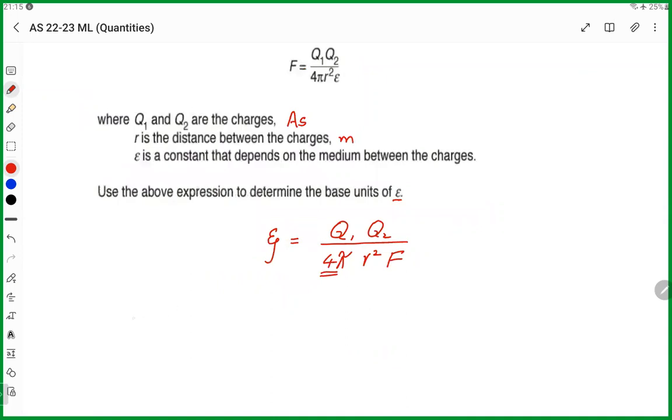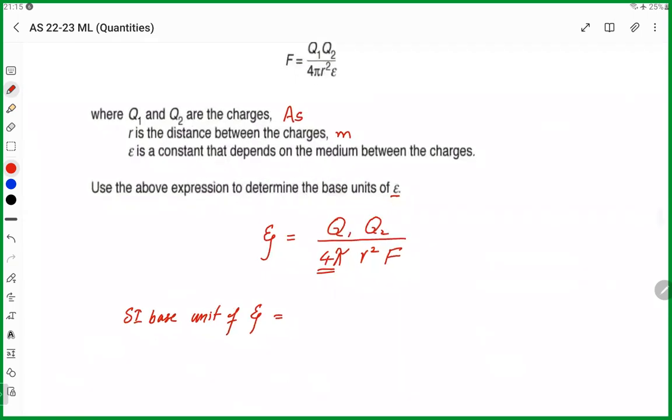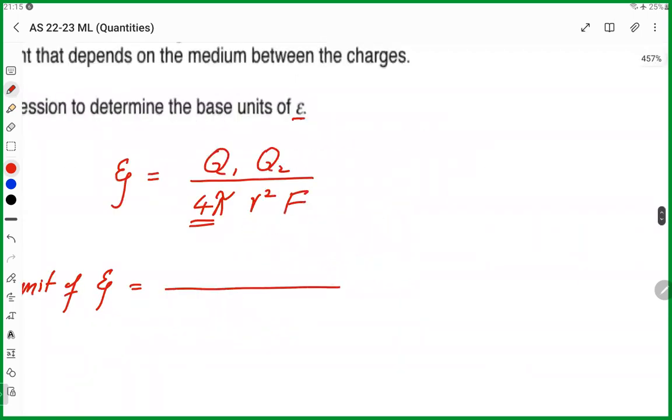So SI base unit of epsilon will be charges, each charge will have AS. So it will be AS, AS, 4 pi, no units, meter square, kg meter per second square.